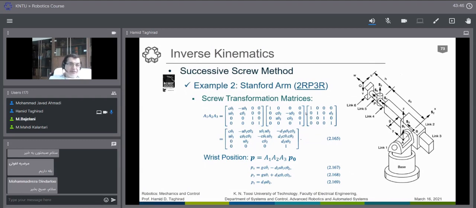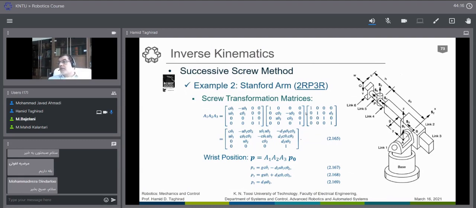It makes it different and maybe a bit simpler, since when we have a 6R manipulator, the theta problem comes with the sine and cosine into the picture. But if we have a prismatic joint, the D parameter does not come with sine and cosine, it directly comes into the picture. So usually the equations are simpler than a general 6R problem.